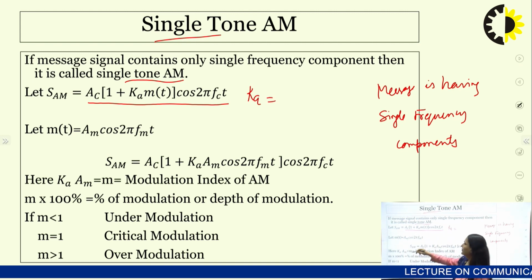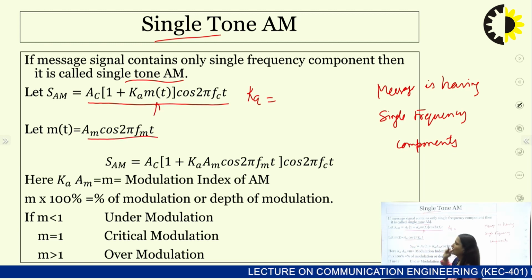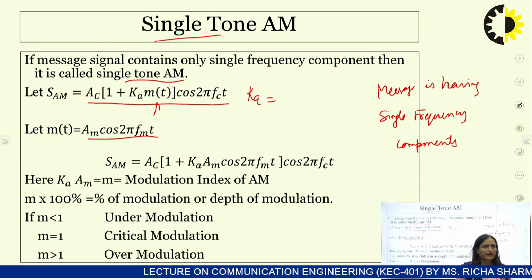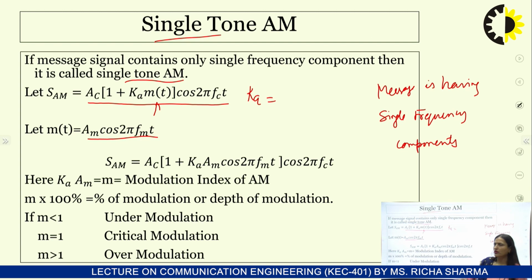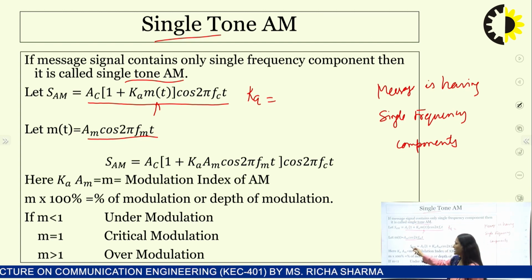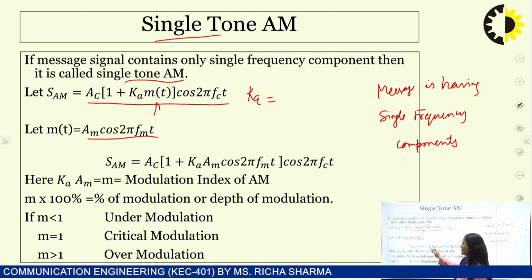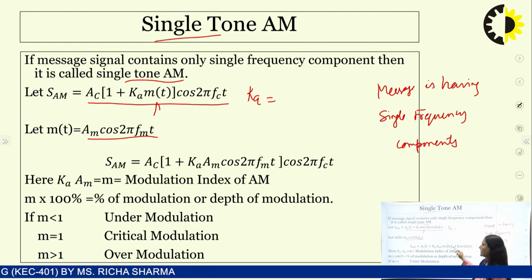Let your message signal be m(t) equal to AM cos 2 pi FM t. Now put the value of m(t) in the modulated expression. S of AM is equal to AC times 1 plus KA, with AM cos 2 pi FM t in place of m(t), times cos 2 pi FC t, right?